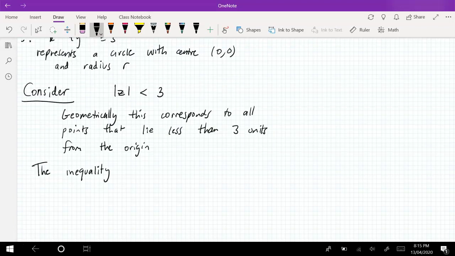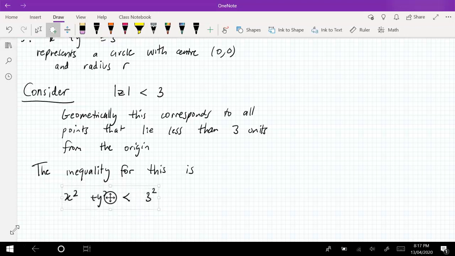So the inequality that we get from this, derived from the previous part of the video, is x squared plus y squared is less than 3 squared, rather than equal to 3 squared.